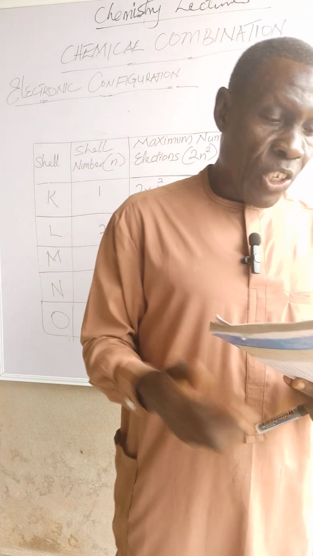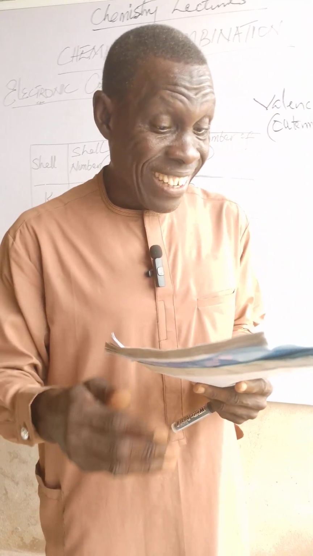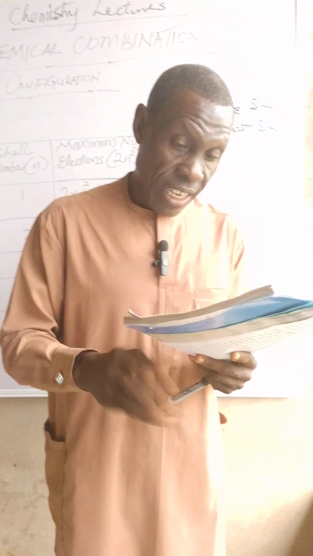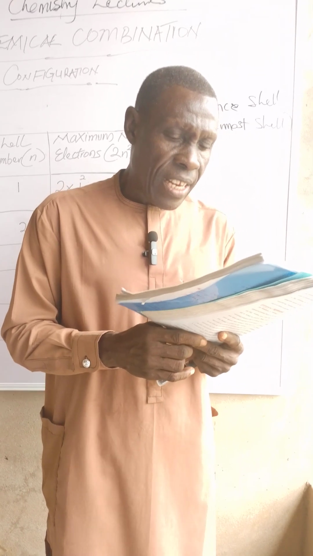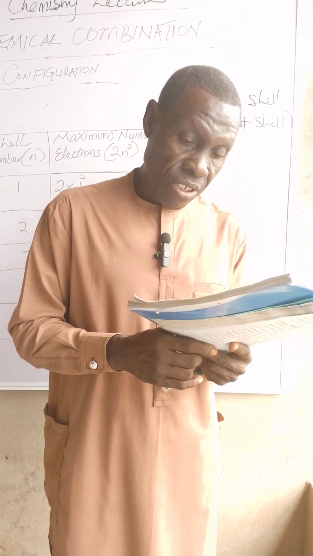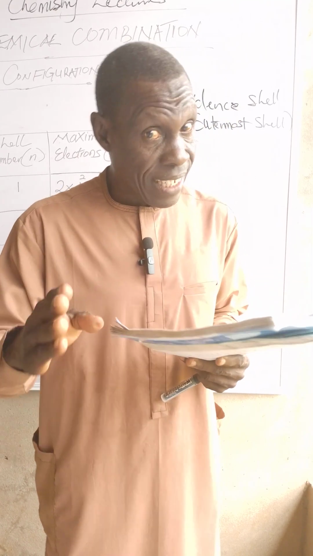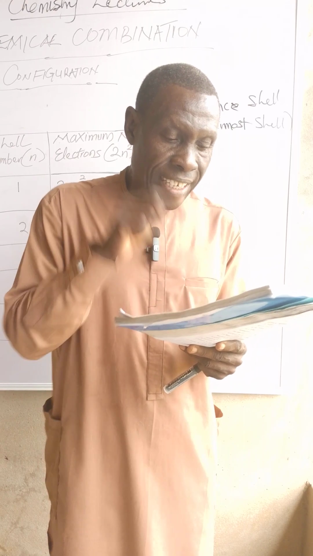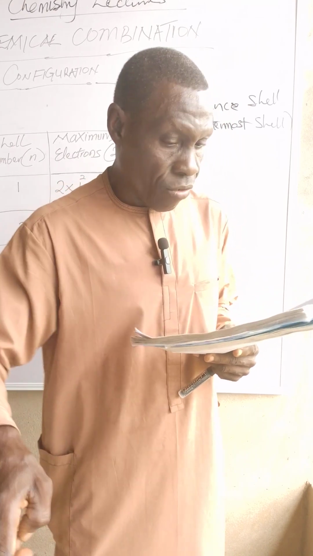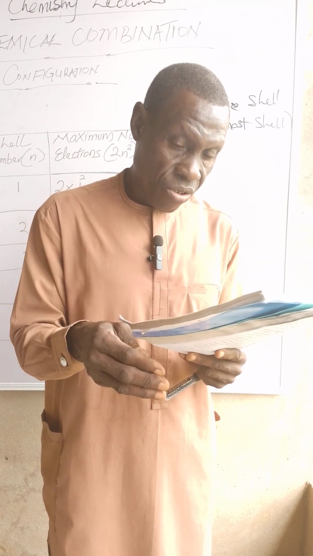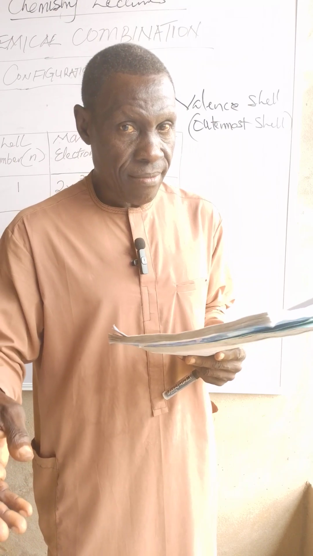Now, we said that the configuration of elements is derived by successively adding electrons to the outermost shell. That is already known. Similarly, the similarity in the number of valence electrons accounts for similarities in properties.